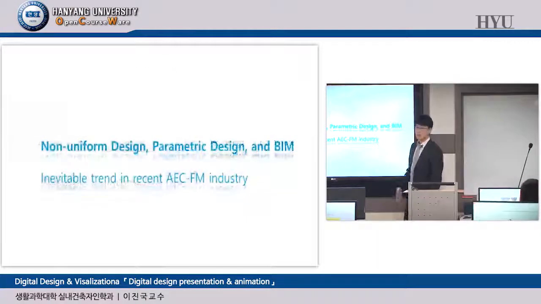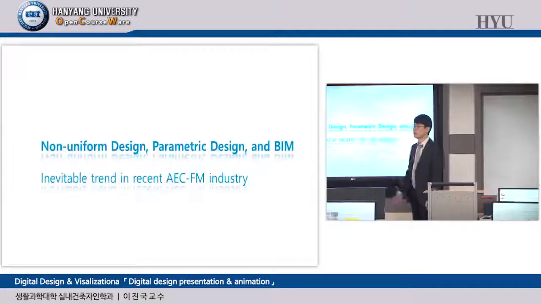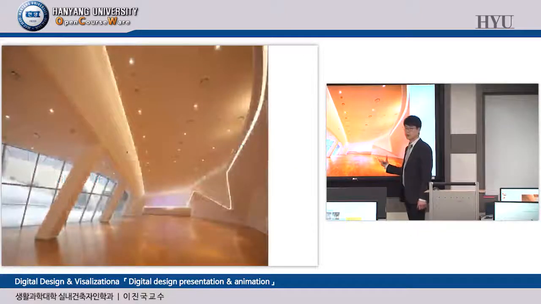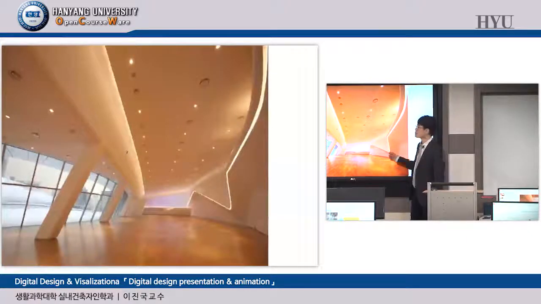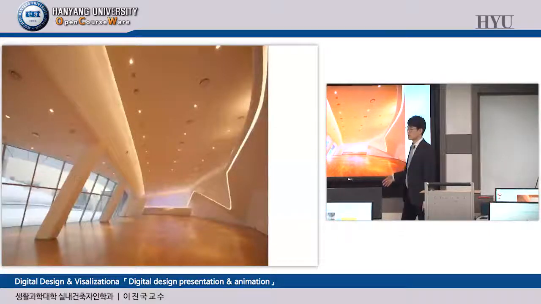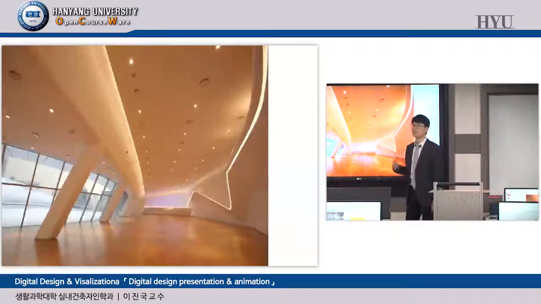Nowadays, we are living with non-uniform design features: building exterior, building facade, and building interior features. Do you know where this place is? This is the interior of DDP, okay? DDP has a very organic-formed building facade, okay? Non-uniform, so-called free-form design.